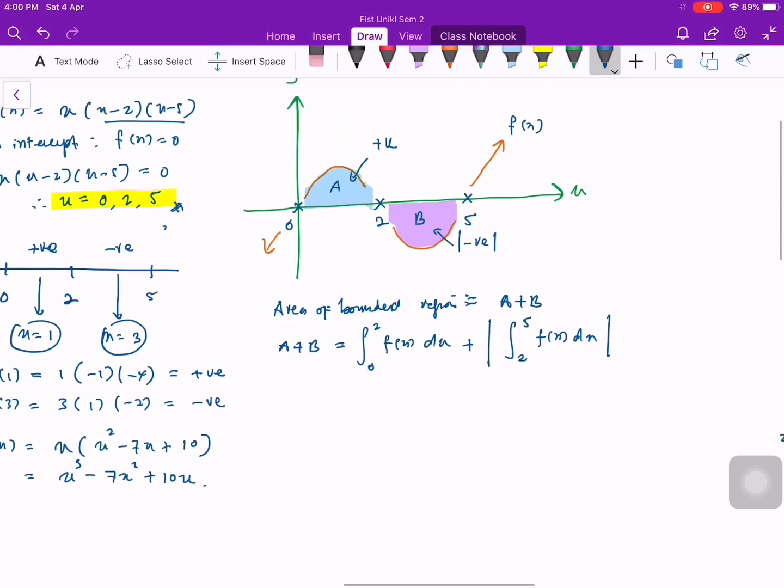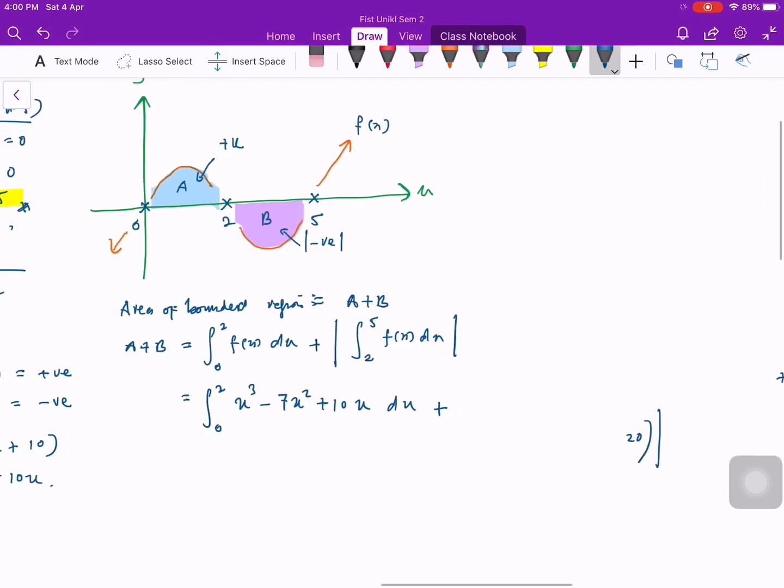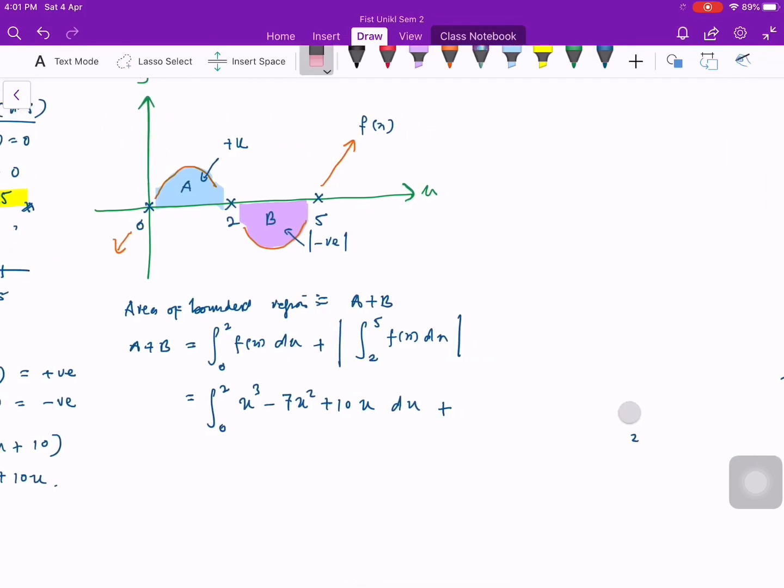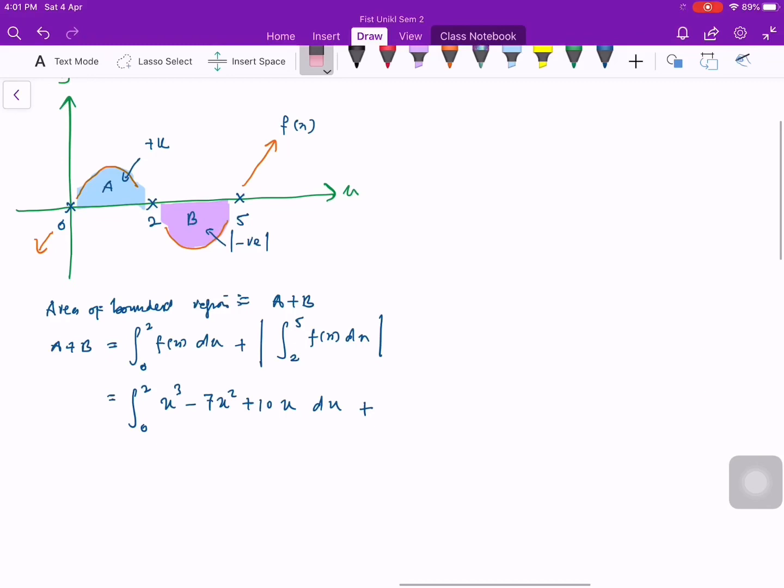Okay, so now we are going to integrate 0 to 2 x cubed minus 7x squared plus with 10x dx plus with, okay, right, sorry. Okay, so plus with we have absolute value.